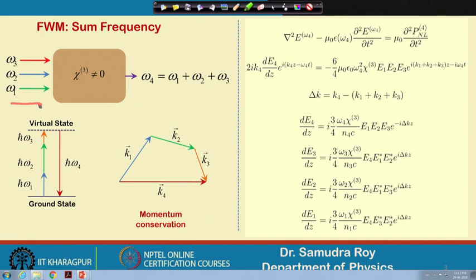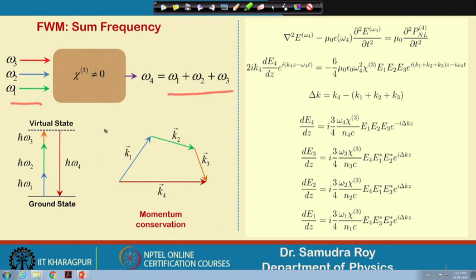Chi 3 is not equal to 0, which means we should have a nonlinear interaction between these frequencies, of order 3, so an E cube term is associated with it. So we will have combinations of frequencies. This is a very specific combination, the simple sum of all the frequencies we launch: a fourth frequency omega 4, which is the sum of omega 1, omega 2 and omega 3.